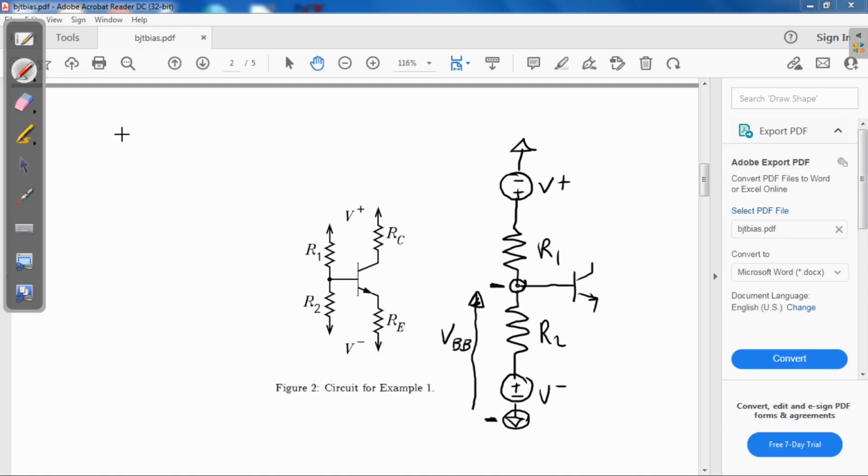So it's a voltage divider. So VBB minus V minus is here.